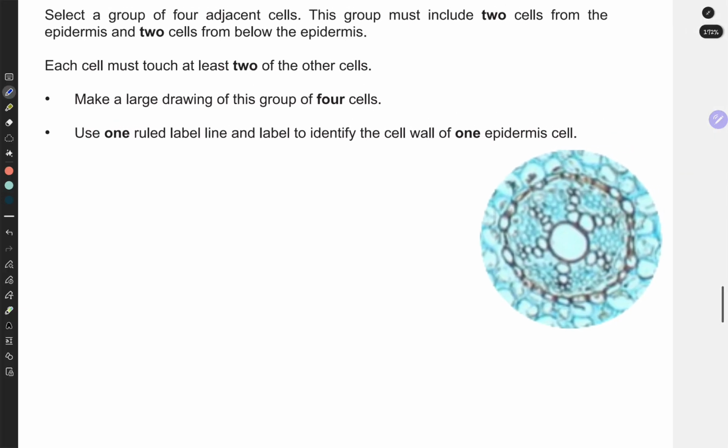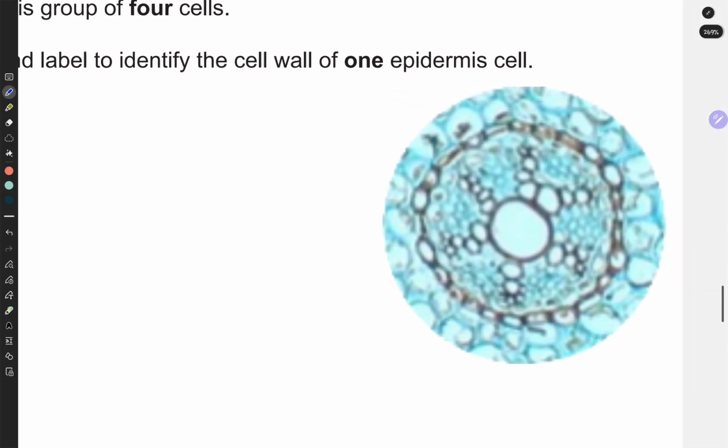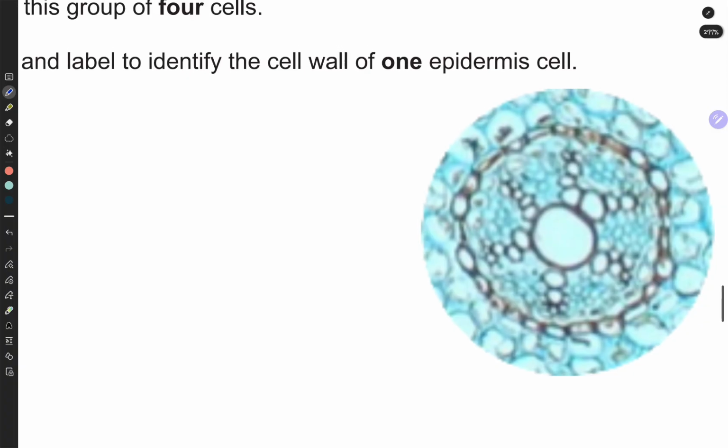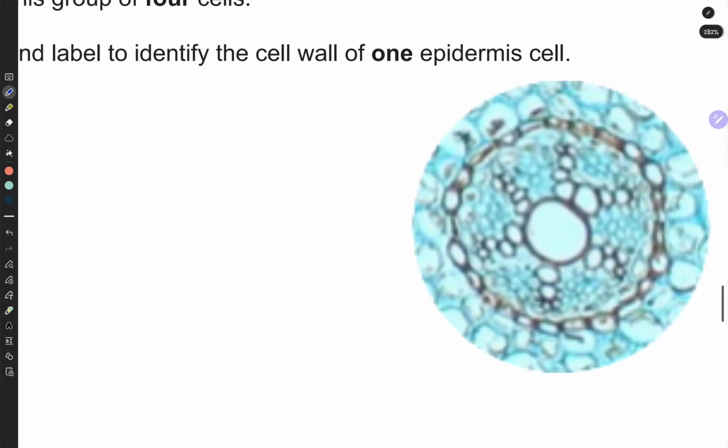So this is a magnified part. It's not very visible here, but you can zoom in with the microscope. For example, this is the epidermis. So you can draw 2 big parts from the epidermis, for example these connected parts, and 2 smaller parts under it.